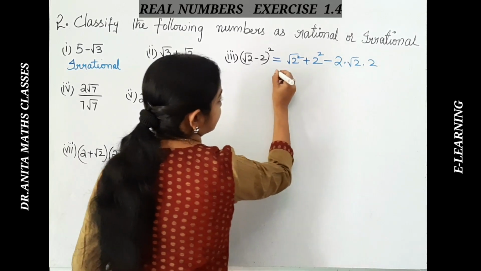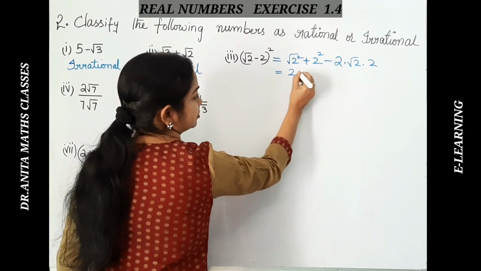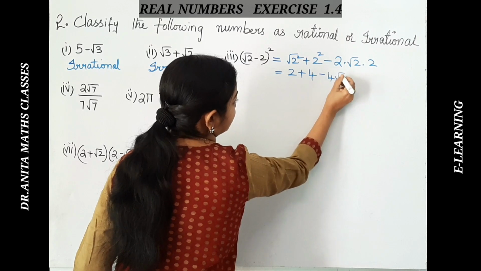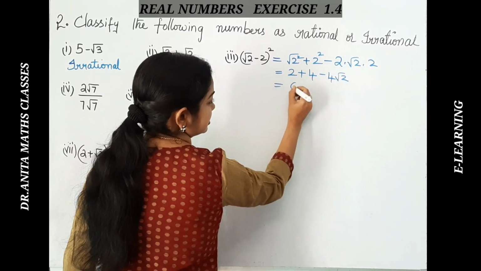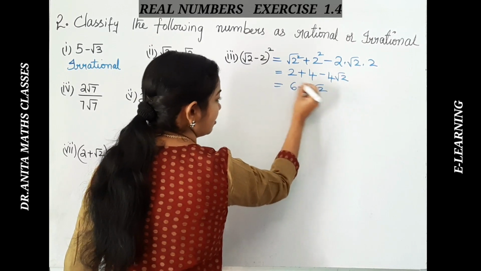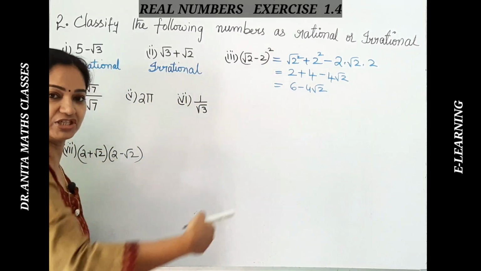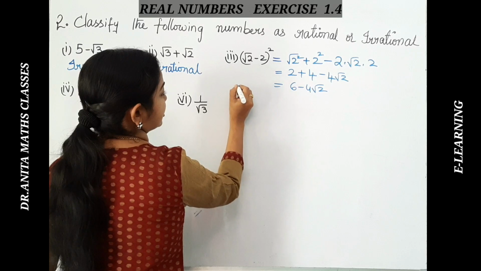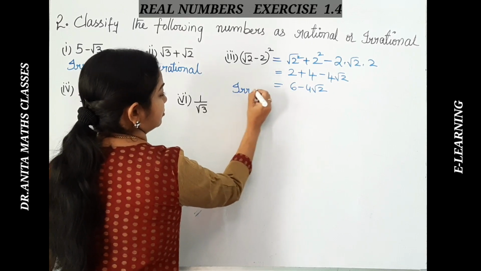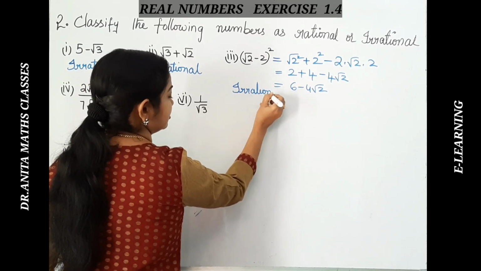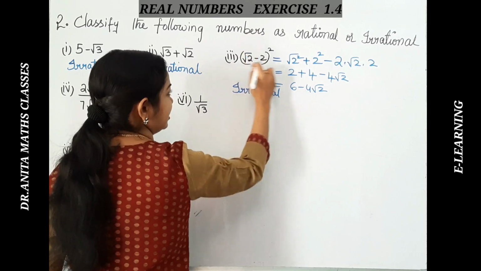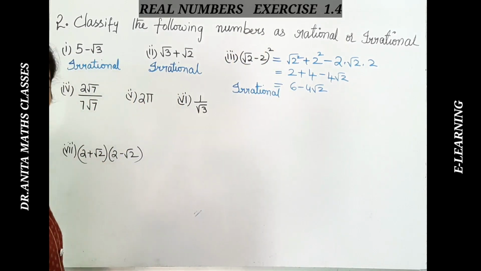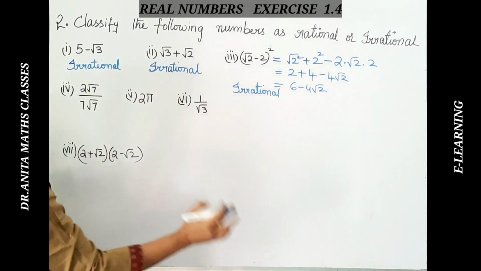This becomes 2 plus 4 minus 4 root 2, so this is nothing but 6 minus 4 root 2. It's a combination of a rational and irrational, and such a combination is just irrational. If you want to do the calculations you can simplify, but you can see that a combination of an irrational and a rational surely will be an irrational. So that we learned before.